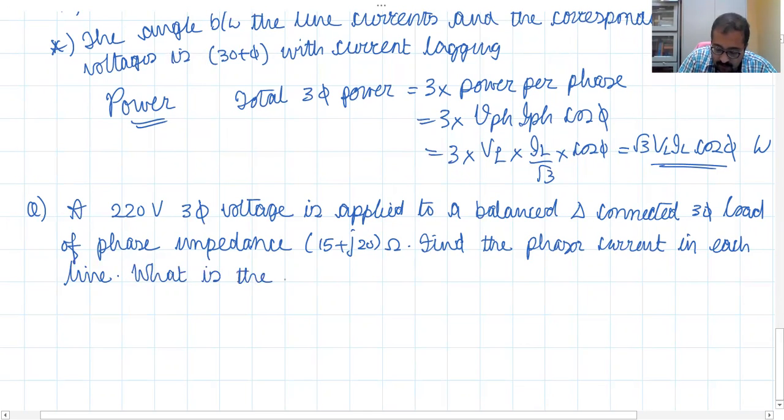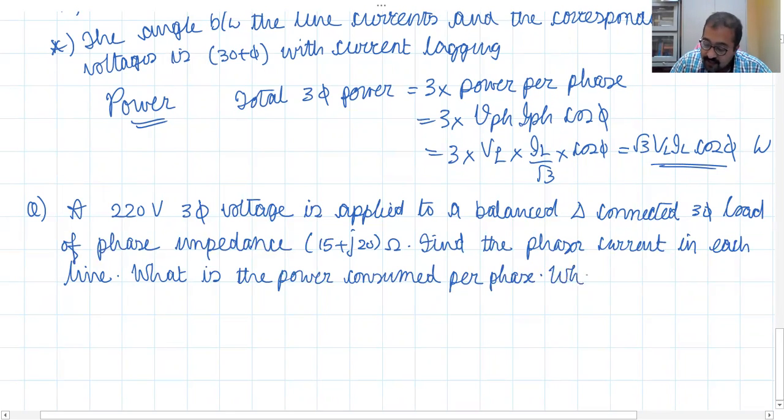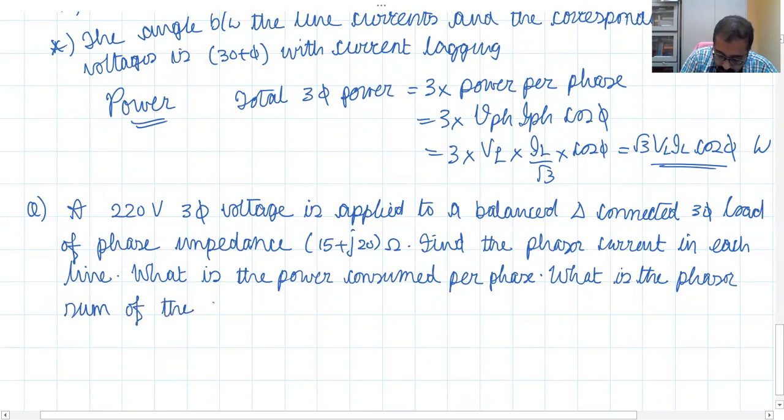What is the phasor sum of the three line currents?